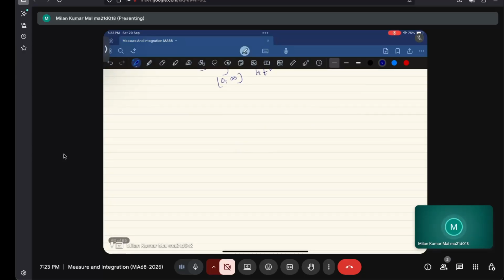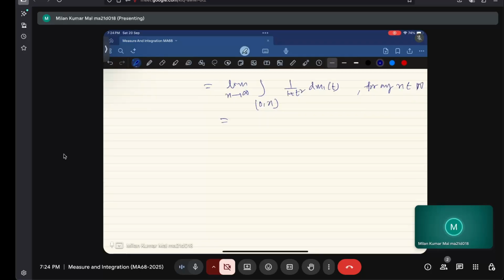So again one can use the dominated convergence theorem, or one can write it in this form, but this integral remains integrable on the interval 0 to n for any positive integer n. In fact it works without integer also, but one can do it for integer.